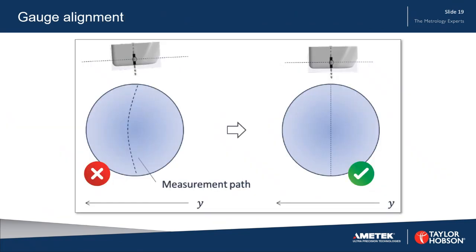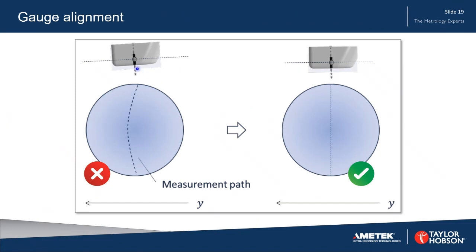Here's something else that's very, very important. And the PGI NOVUS again has built-in software to detect this error and also to allow the system to be set up very, very precisely. And this is the movement. This is looking right into the gauge here. This is a ball that we're measuring, for example, or it could be a cylinder, but it's a ball in this case.